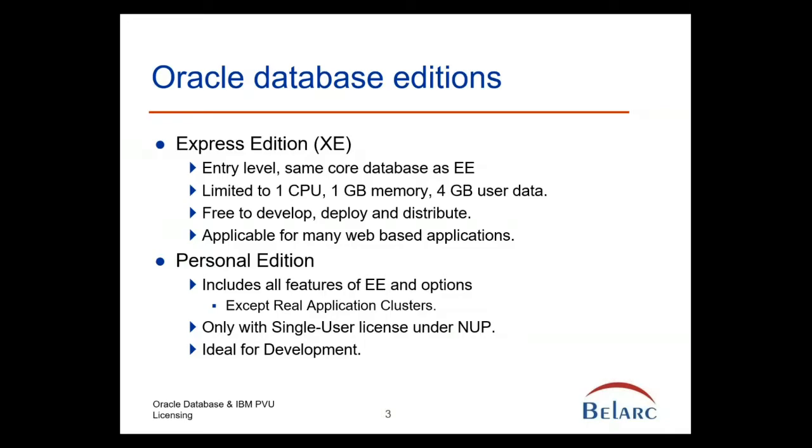So Oracle comes in four different editions at the moment. The Express edition is the free-to-develop edition. Very popular if you can use it, but severely restricted in terms of the resources that you can use and the size of the database that you can apply to it. The Personal edition is basically just the developer edition.